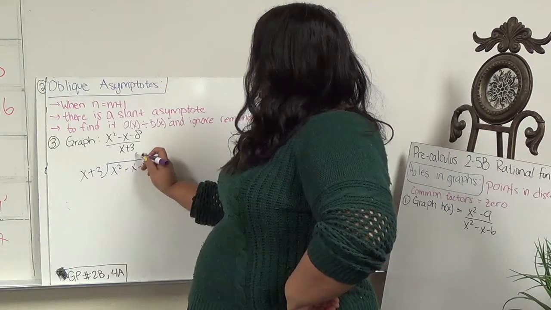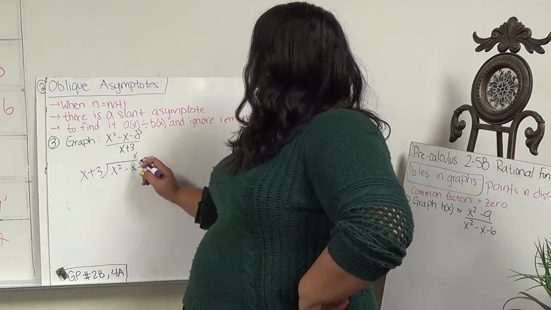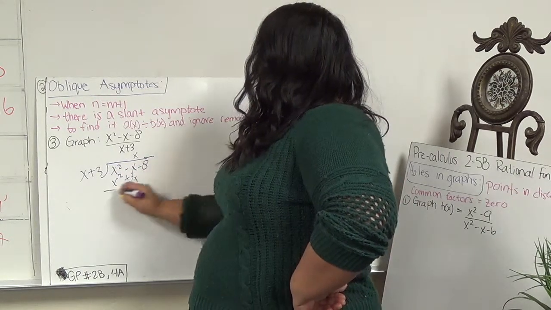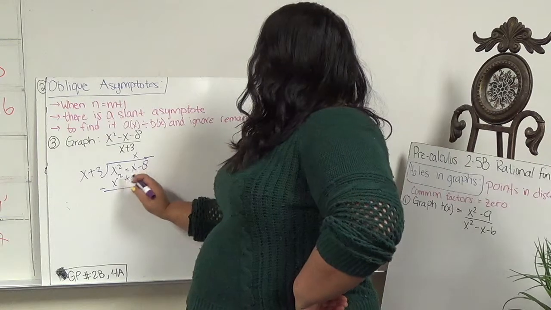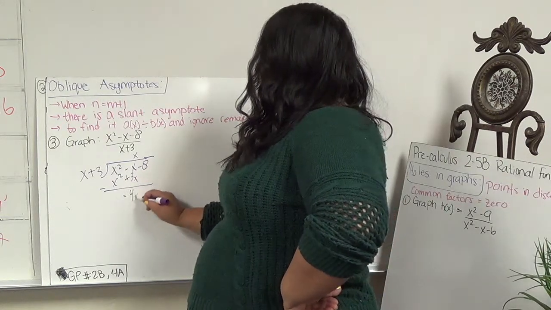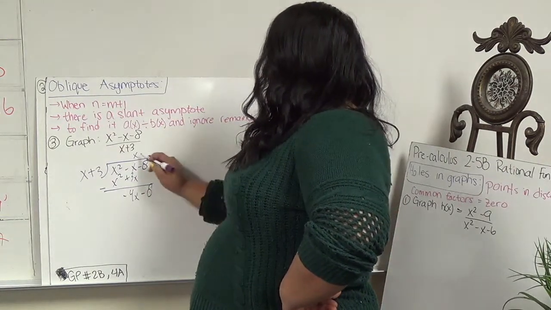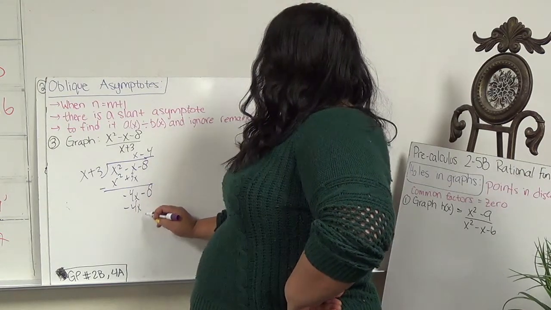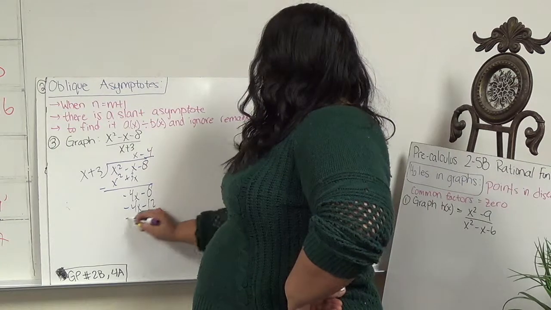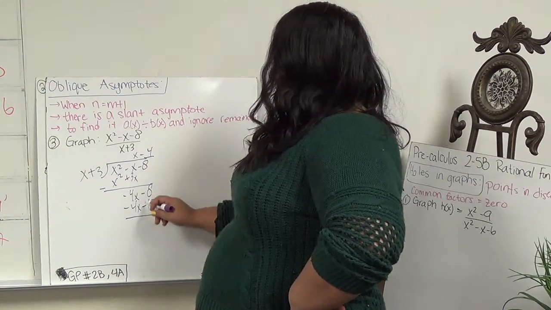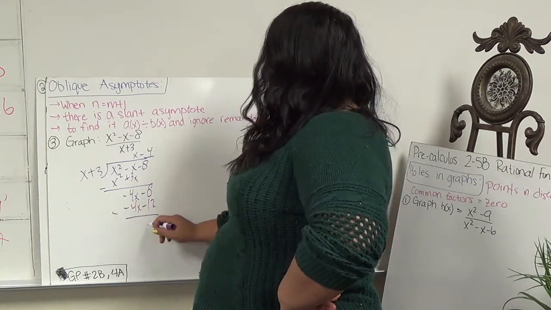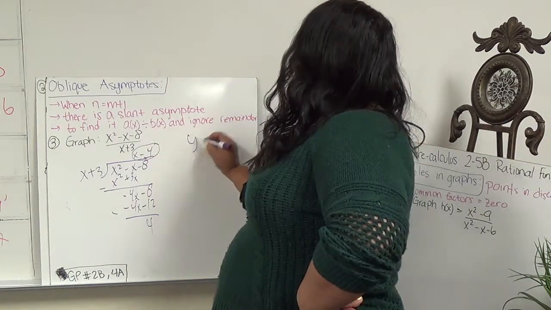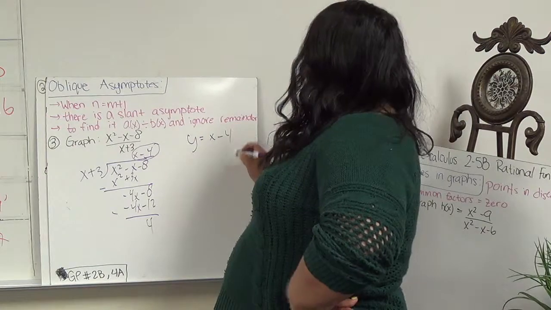We put x here. So we have x times this, x squared plus 3x. And I'm subtracting, so negative 1 minus negative 3 is negative 4x, minus 8 gives me negative 4x minus 12, right? And then there's minus positive 4. So remainder 4, but I'm focusing on just this. So y equals x minus 4.